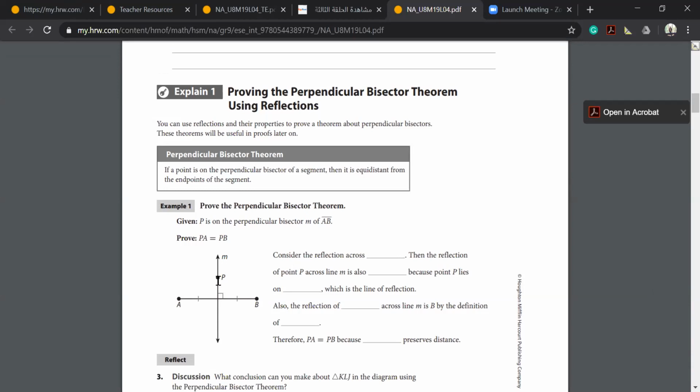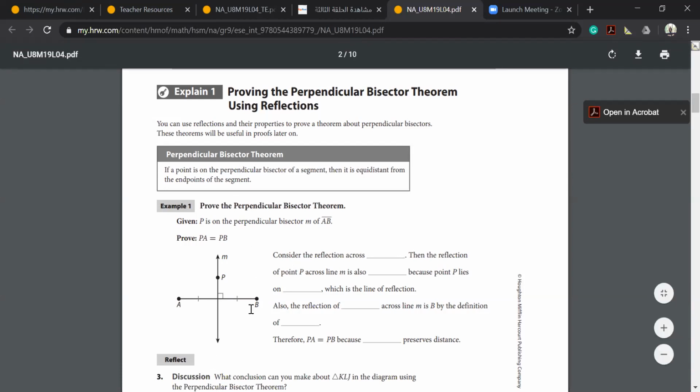Okay. Can you see this point P? This point P is any point lying on this line. So what will happen? The perpendicular bisector theorem is talking about what if we draw a line from P to A and draw a line from P to B?